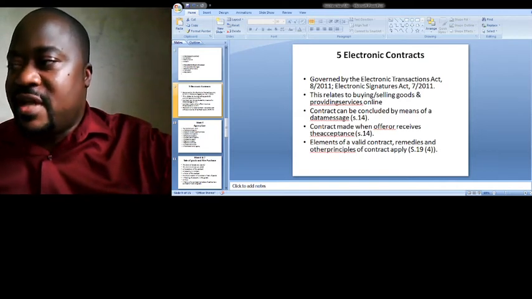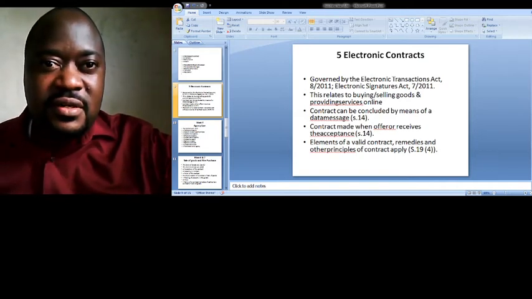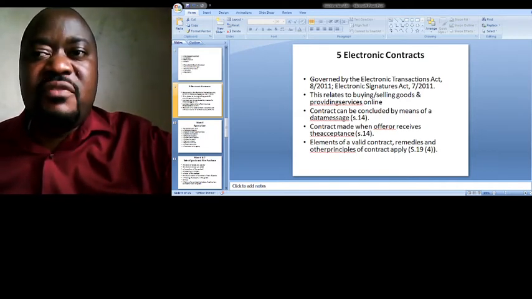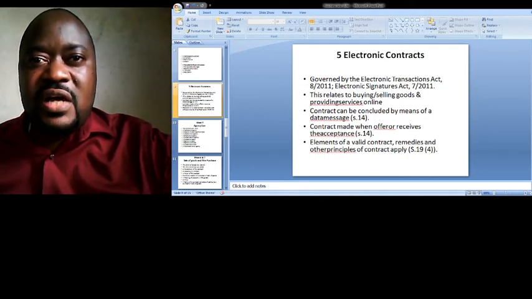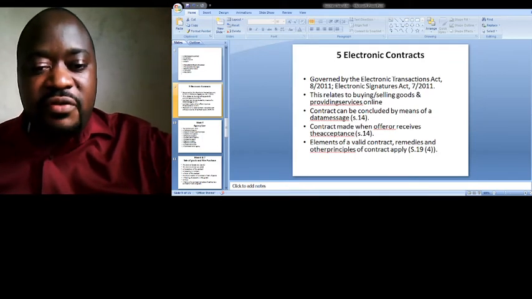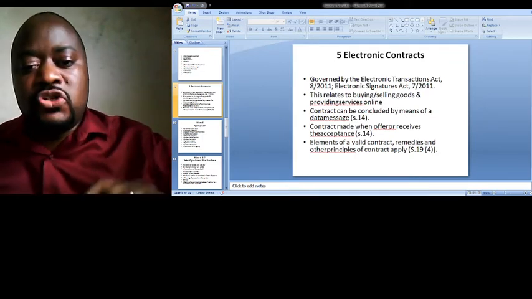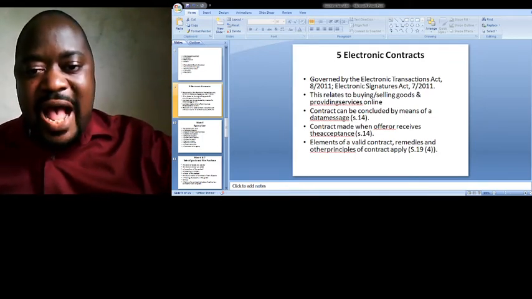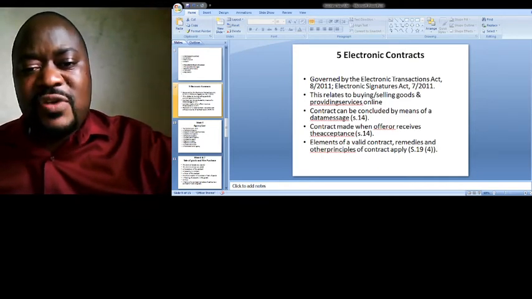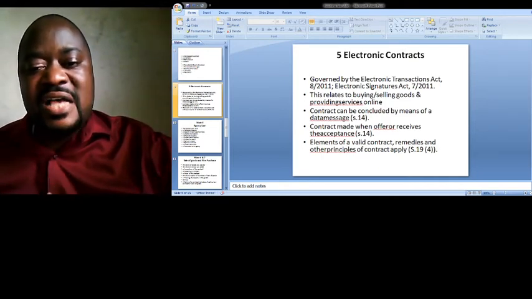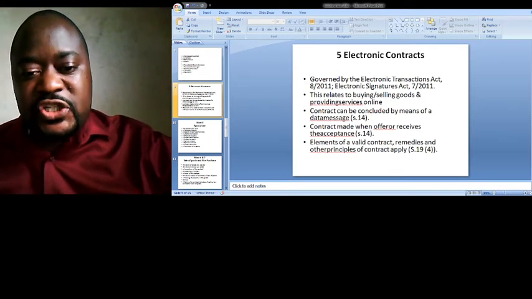More so in this era of COVID, whereby you cannot be able to travel because countries have put in place what we call measures against COVID. But you can still transact online. And the law in Uganda which can help us transact online is what we term as the Electronic Transactions Act.